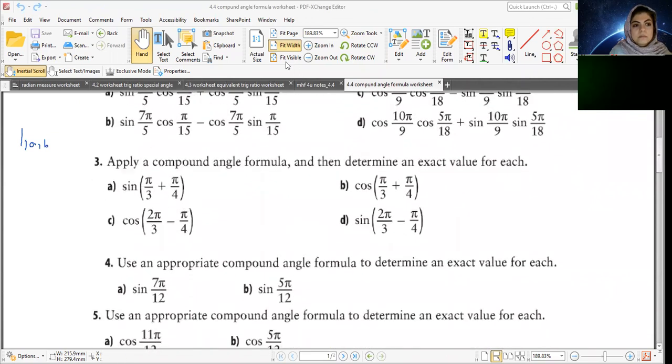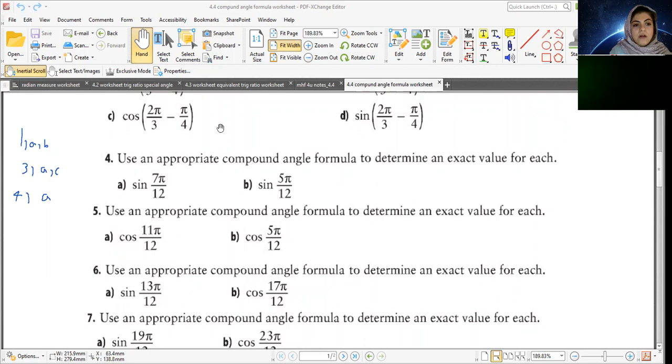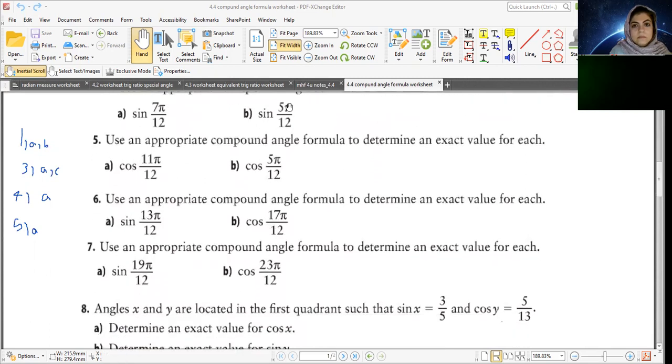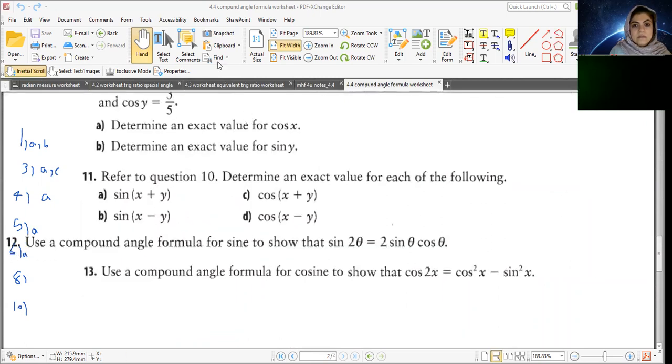Question 3, A and C. 4A. 5A. 6A. 8. Okay, then question number 10. Question 11A.